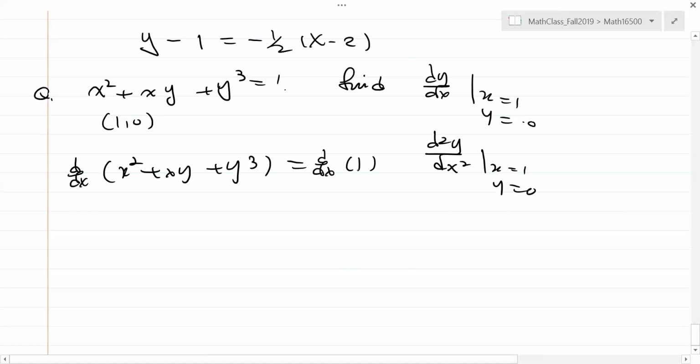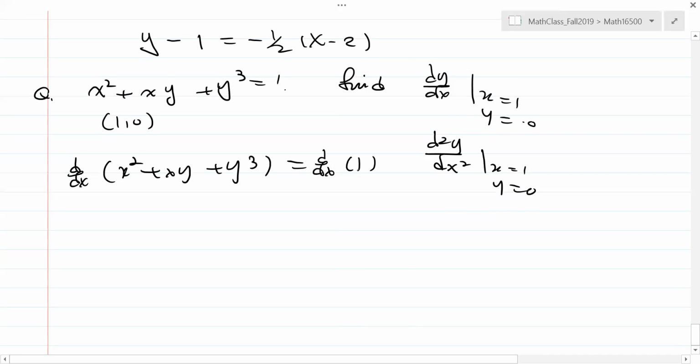Very similar to the above problem, but this time we have to find the second derivative. So how do we do that? We differentiate twice to get the second derivative.